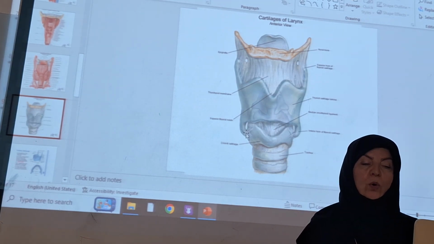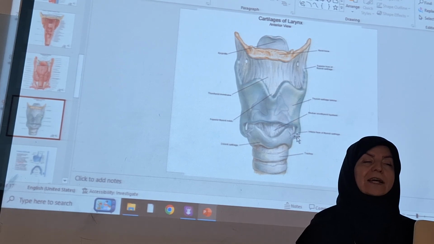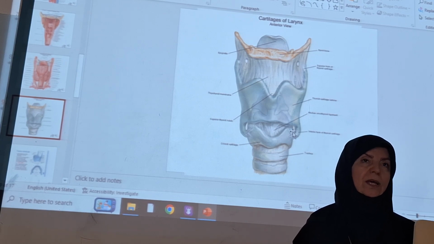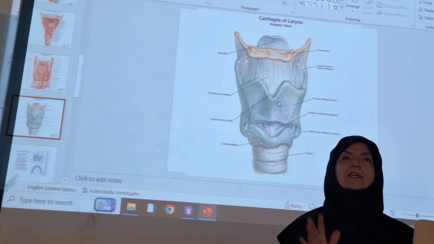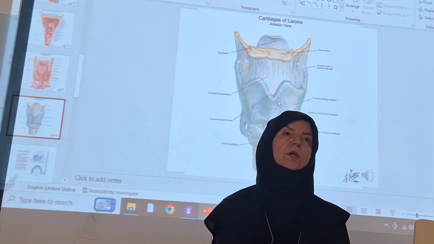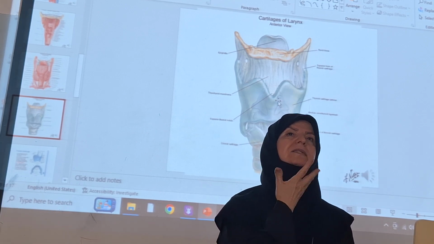The inferior horn of the thyroid cartilage makes a joint with the cricoid cartilage. Here we have a joint. This joint helps the thyroid cartilage to go forward and inferiorly during swallowing.